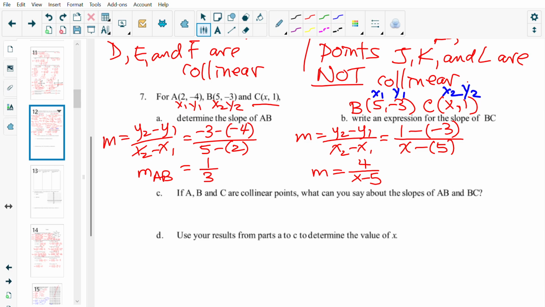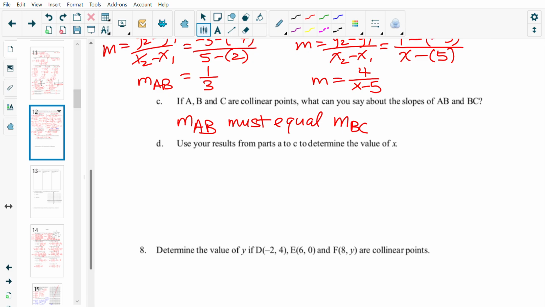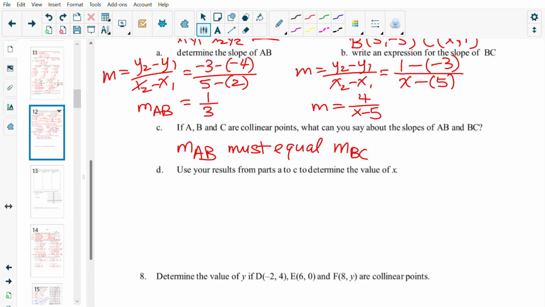If A, B, and C are collinear points, what can you say about the slopes of AB and BC? The slope of AB must equal the slope of BC. Now use your results from the previous parts to determine the value of x.